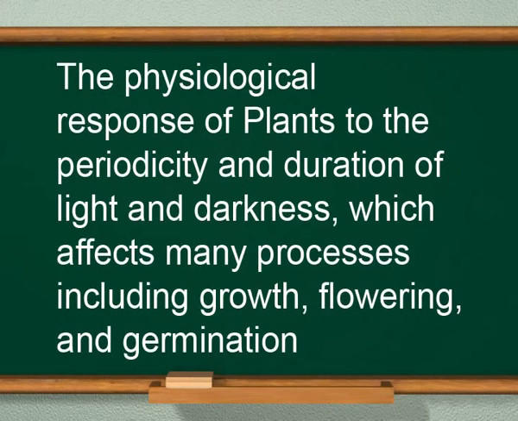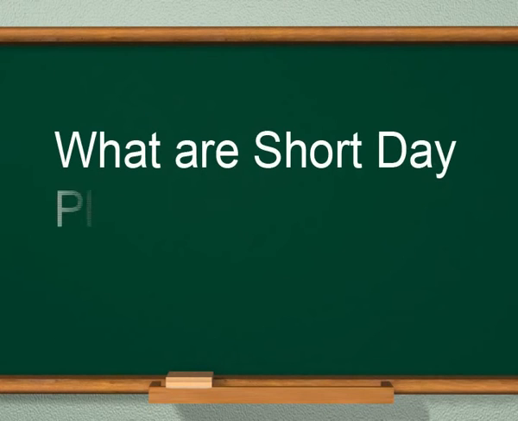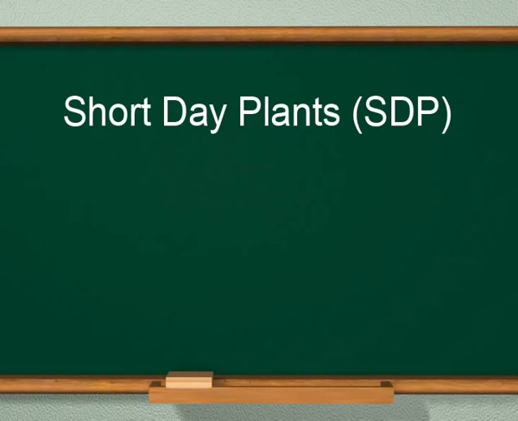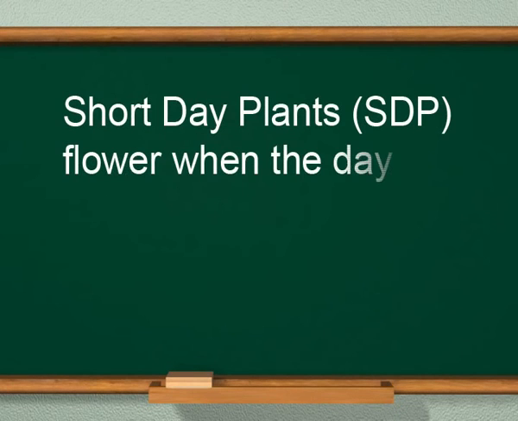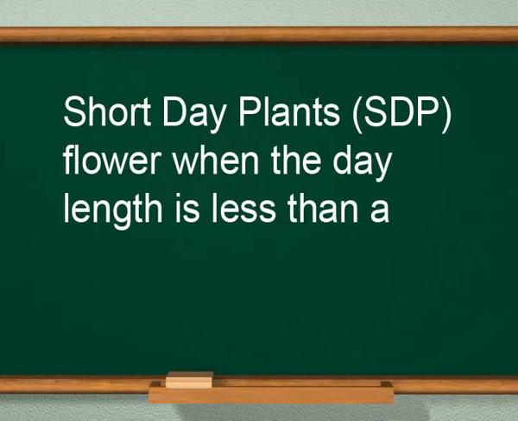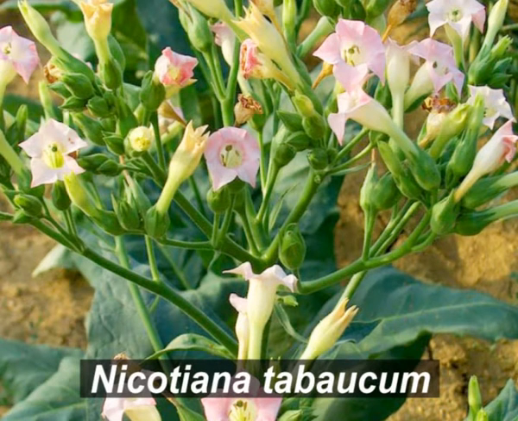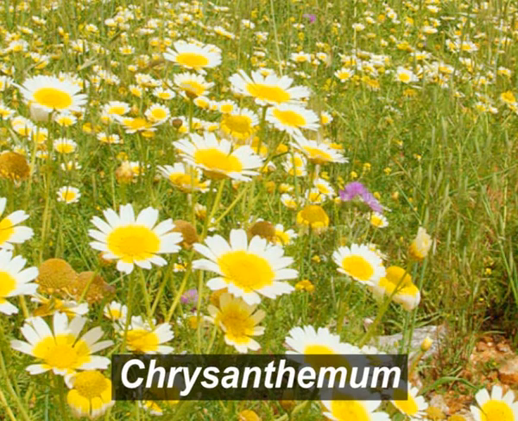The next question is, what are short day plants? Give 2 examples. Answer. Short day plants or SDP flower when the day length is less than a certain critical length, say 12 hours. Common examples of these type of plants are Nicotiana tabacum and Chrysanthemum.